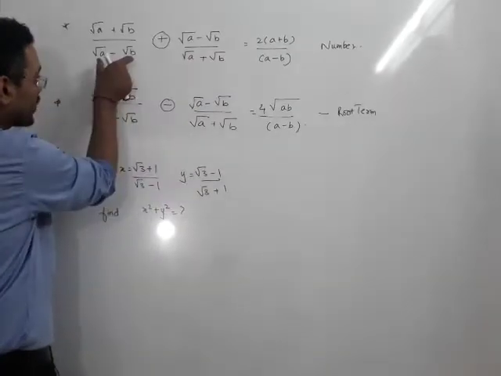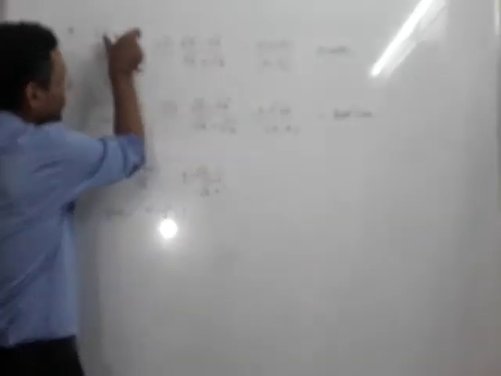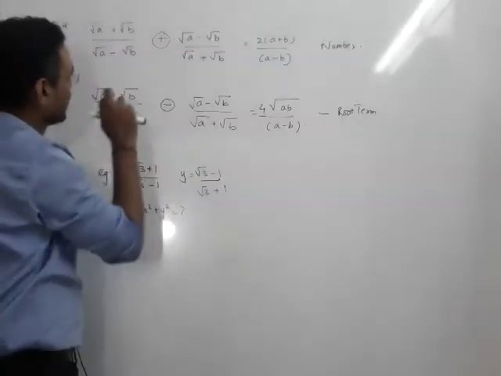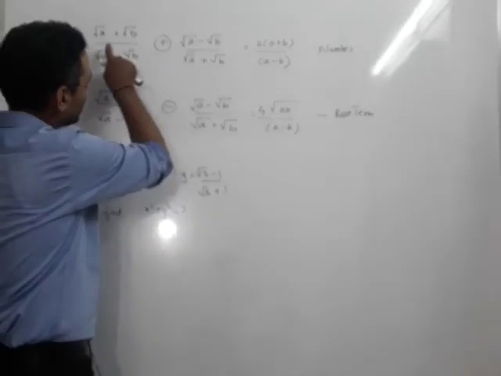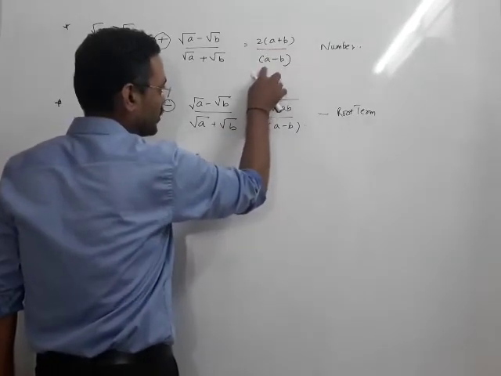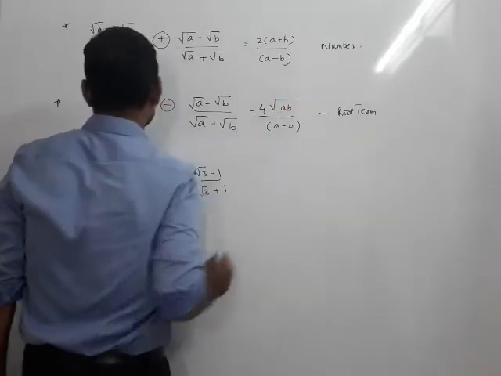Whatever term is here, the same is there. These are the conjugates of each other. Forget about conjugates. When this term is here and both of them are in root, then the answer is by default twice of a plus b upon a minus b, and it will always be an integer, a number.